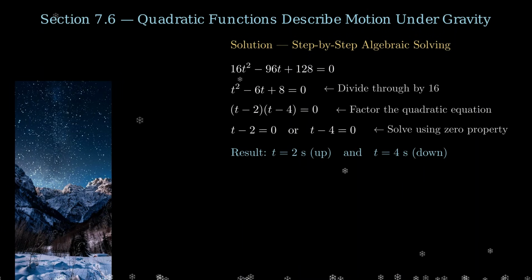Factoring this quadratic equation gives (t minus 2)(t minus 4) equals 0. By the zero product property, we find t equals 2 or t equals 4. So the stone reaches 128 feet after 2 seconds on the way up, and again after 4 seconds on the way down.